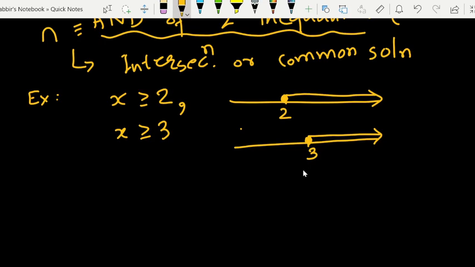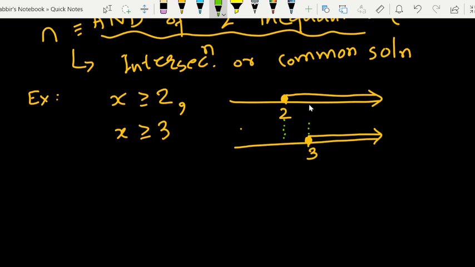Now from each of the points we will drop perpendiculars. From point 2 we drop a perpendicular on the other number line, and from 3 also.